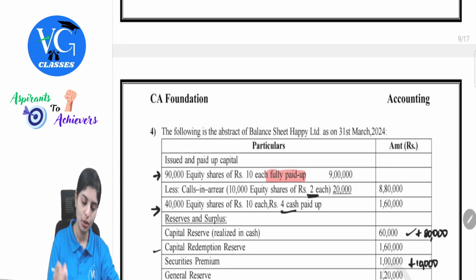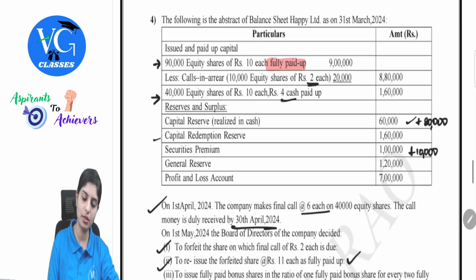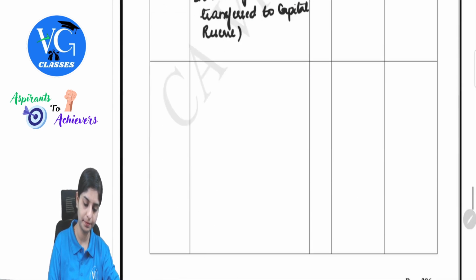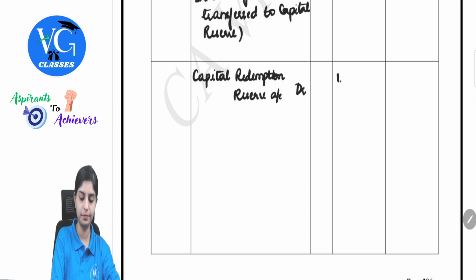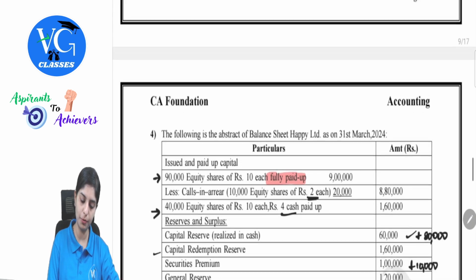Is this clear? So first, capital redemption reserve 1,60,000. Capital redemption reserve account debit. Then we have capital reserve account debit. I hope these points understood to all of you.